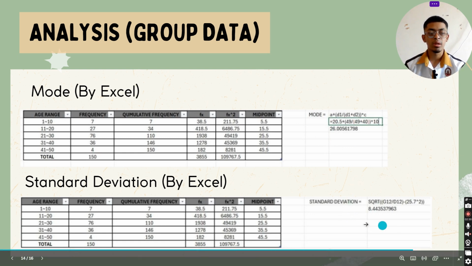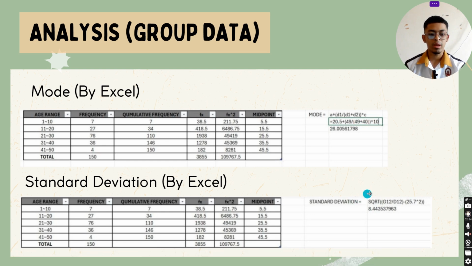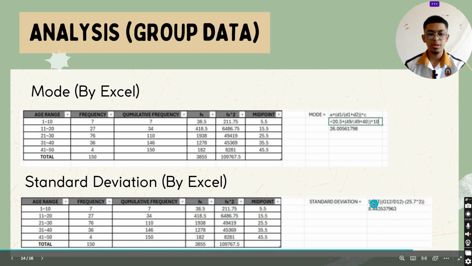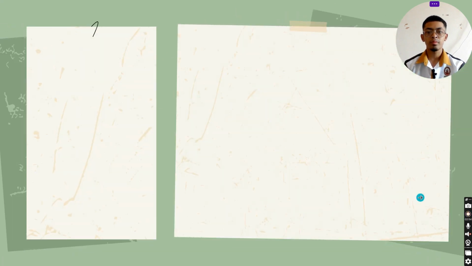For the standard deviation, we need to use the function SQRT, which is the square root of the formula for the variance, where G12 is the sum of fx squared divided by D12, the sum of frequency, minus the mean to the power of 2. We get the answer 8.44.